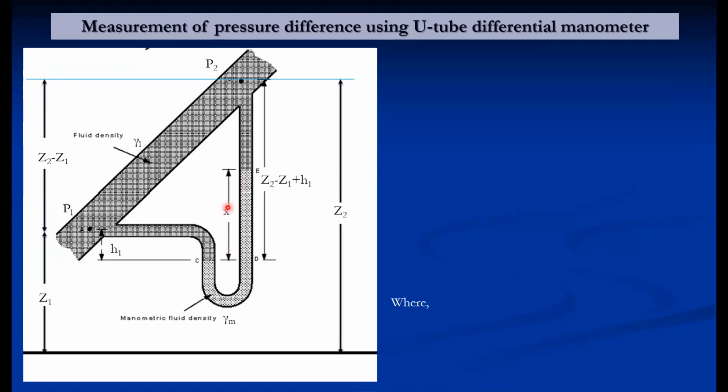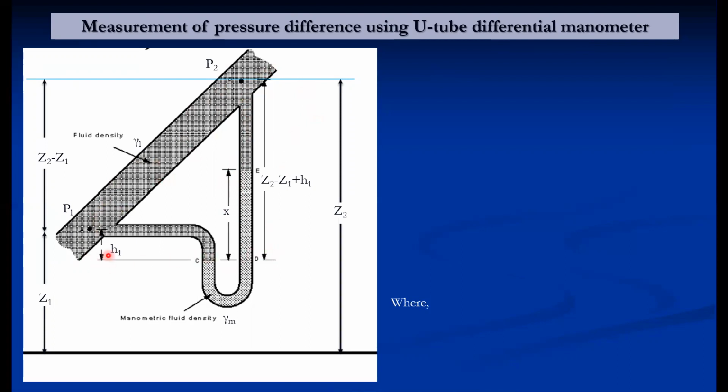Now, in this case, we cannot call it gauge pressure, because it is not connected to the atmosphere, it is connected to the other point. In a differential manometer, both ends are connected to the system, because we have to measure the pressure difference.